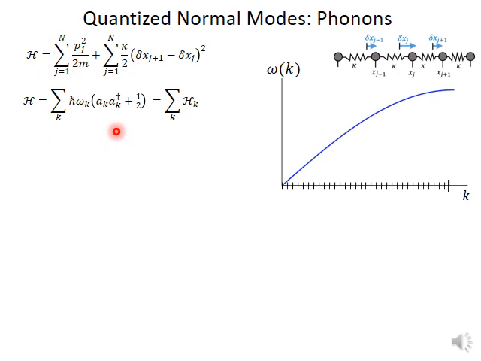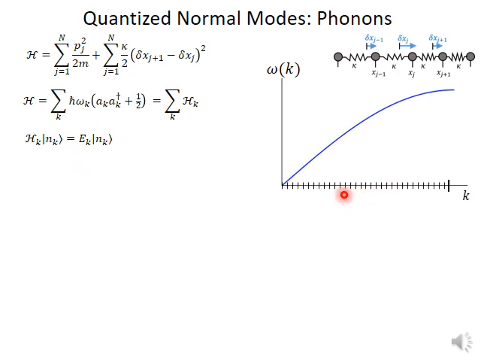So we have this nicer form of the Hamiltonian now, where we have basically decoupled the Hamiltonian for each k mode within the first Brillouin zone.